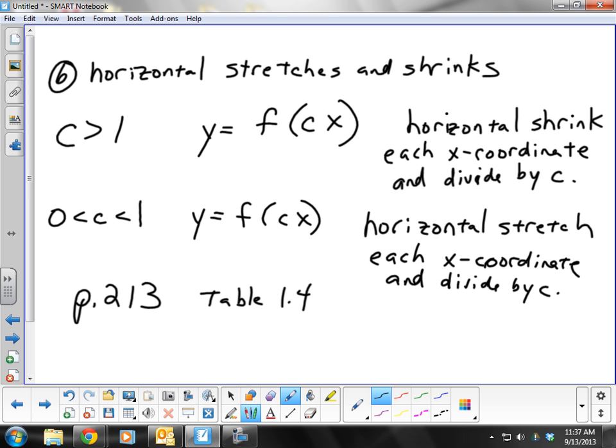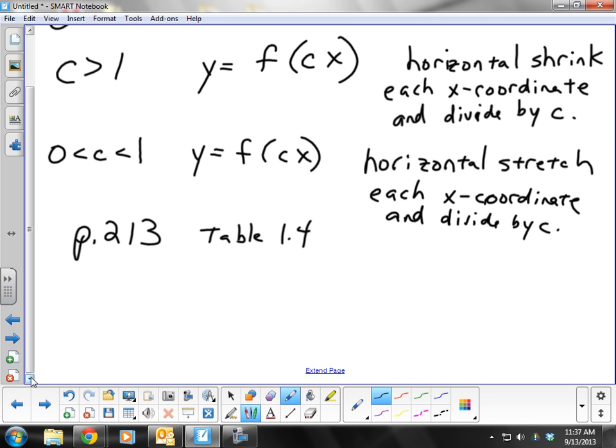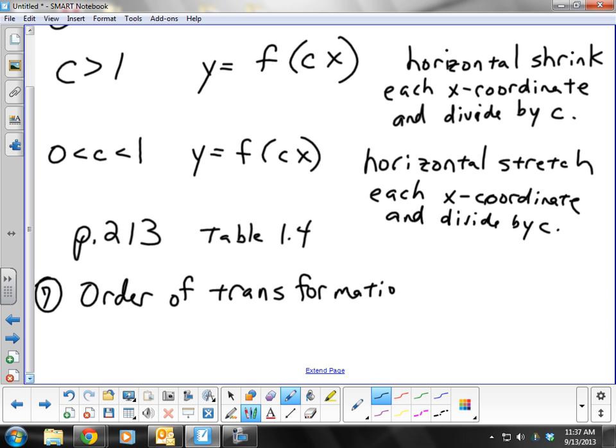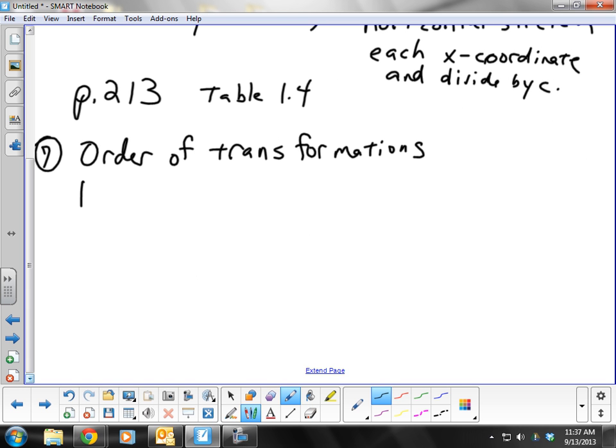But now there is a certain sequence that you have to use when you're doing these transformations. So this is the order that you have to do the transformations, and this is objective 7. Okay, so 1, you do any horizontal shift.